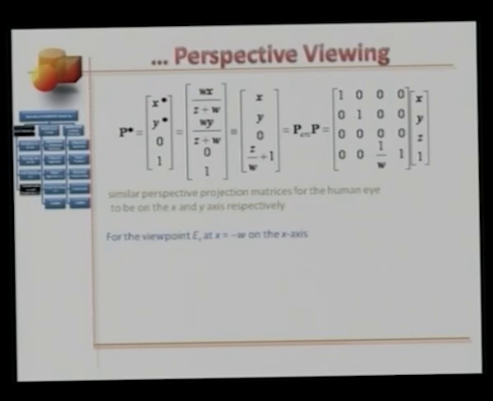For the viewpoint Ex along the negative x-axis at distance w from the origin, we have the perspective image of point P written in this form: 0, wy over x plus w, wz over x plus w, and 1.